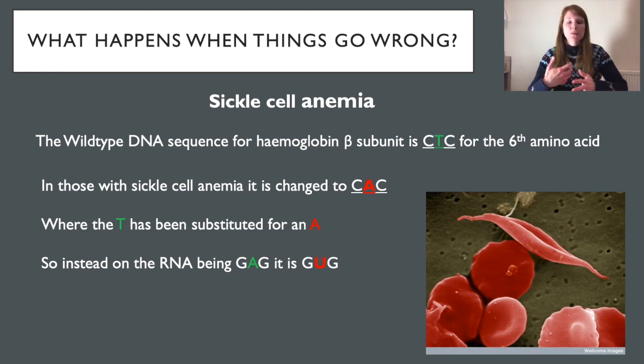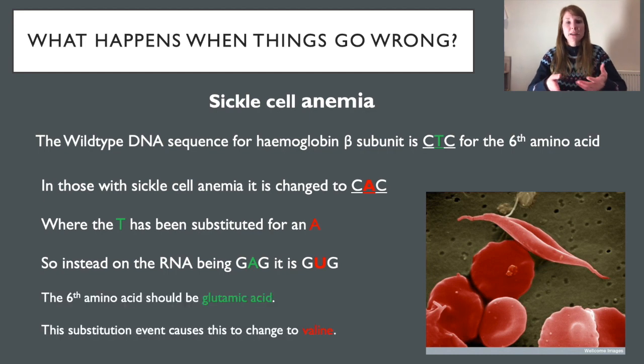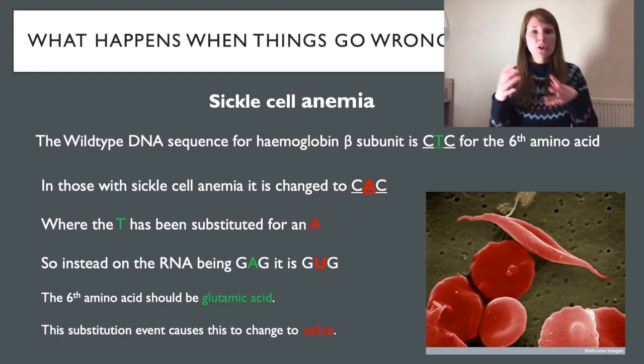So this is then, when translated into the amino acids, means that instead of glutamic acid at this point in the amino acid chain, which is what it should be in the wild type, it actually is valine.